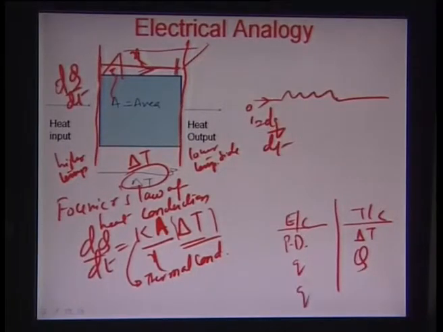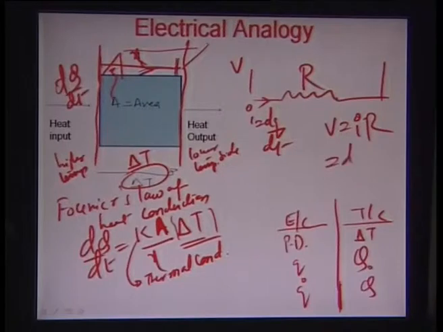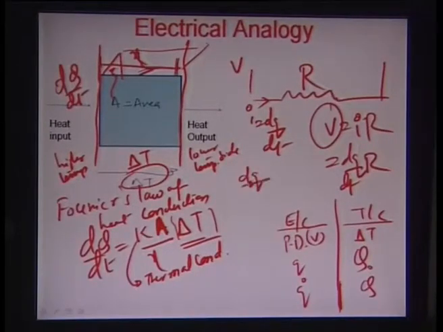So essentially Q dot in the electrical circuit is equivalent to the heat flow rate Q dot, dQ by dt, in the thermal circuit. And as we know, the potential difference V can be equated to I times R, that is dq by dt times R. Since the potential difference is also equivalent to our delta T here, therefore dq by dt, or I, is V by R.